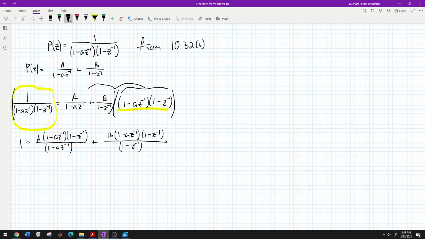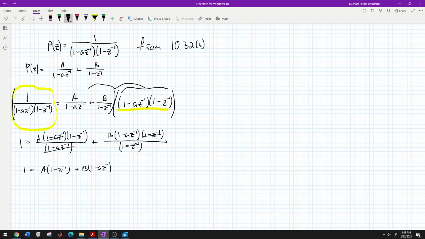Now looking right here, those go away. So I get that 1 is equal to A times 1 minus Z inverse plus B times 1 minus A Z inverse.